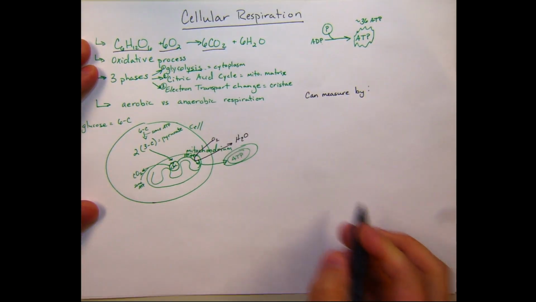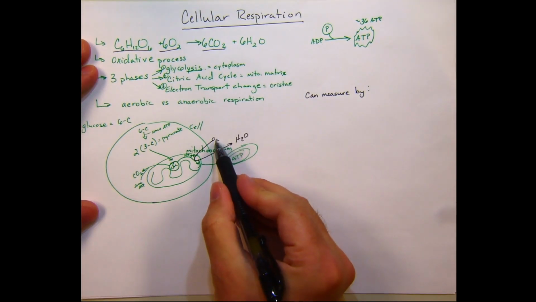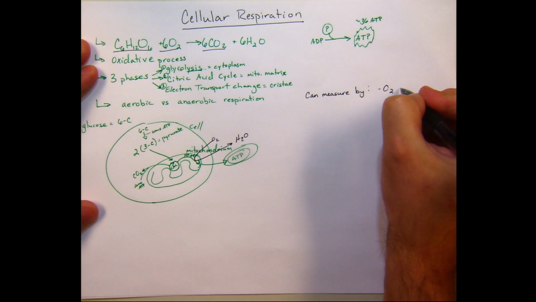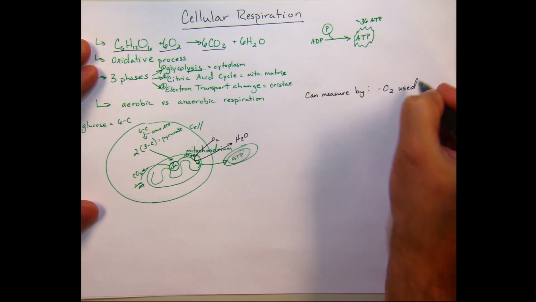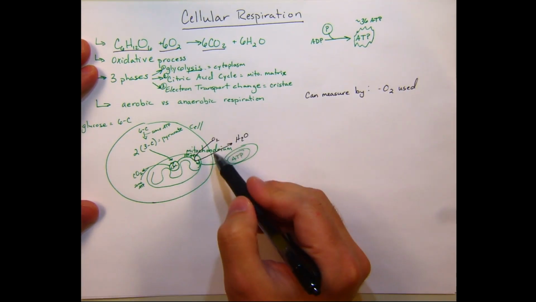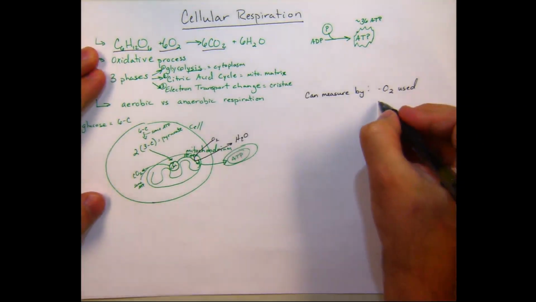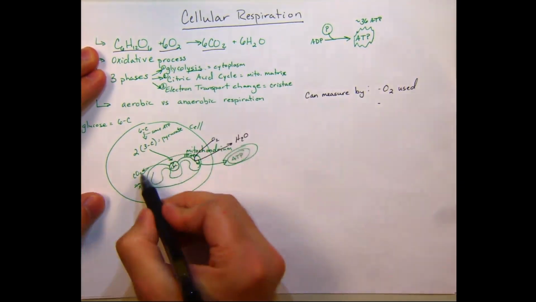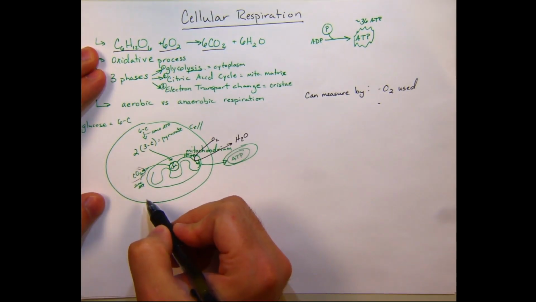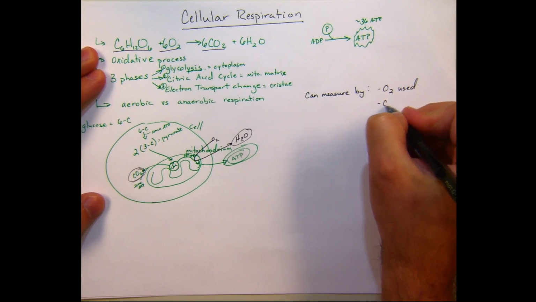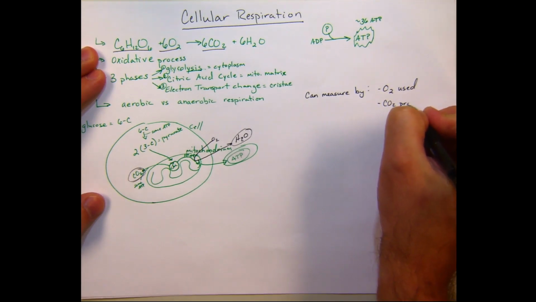We can measure it by, if we could figure out how much oxygen is used. If we know how much oxygen gets sucked up into some cells. We can measure it by, since we're making carbon dioxide, that's a product, how much carbon dioxide is produced.